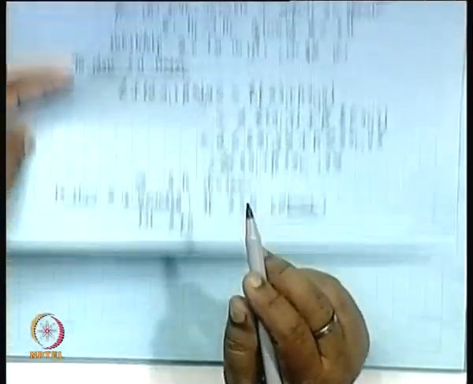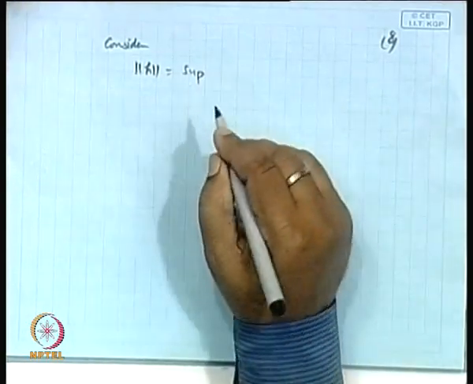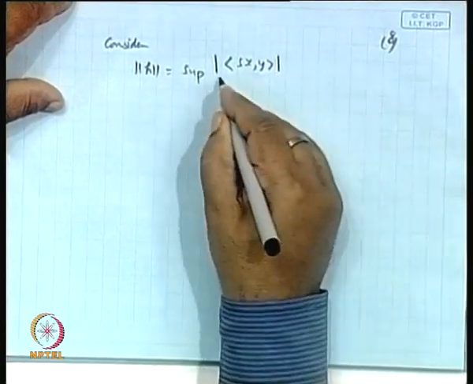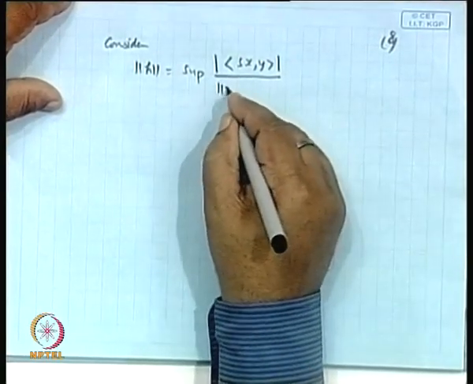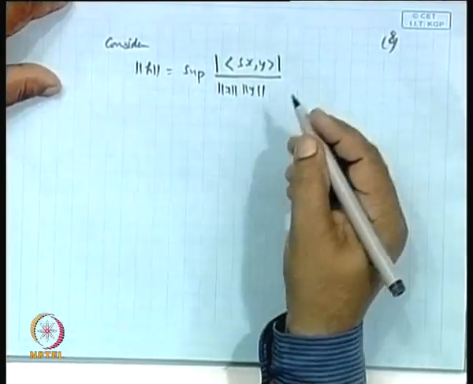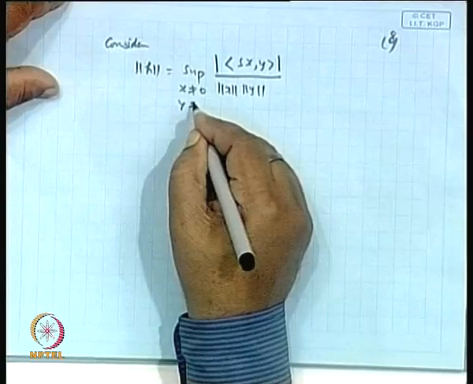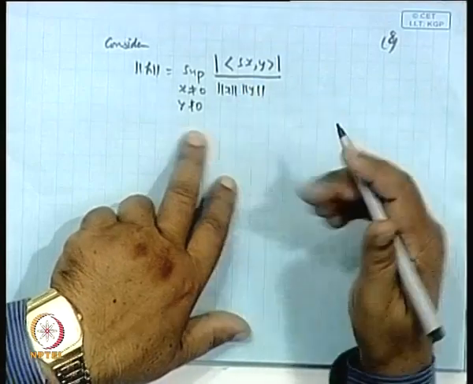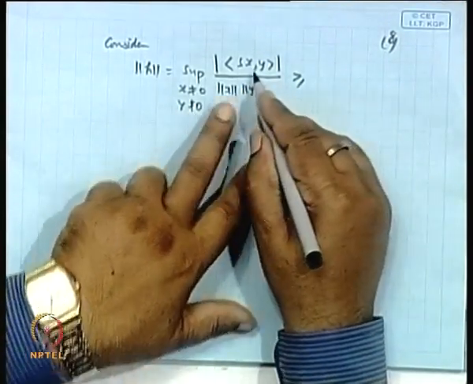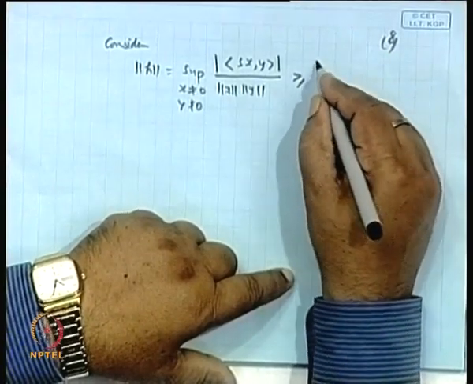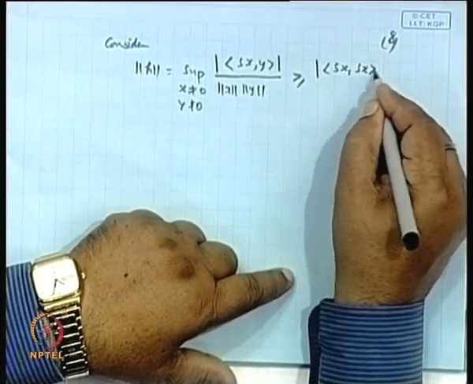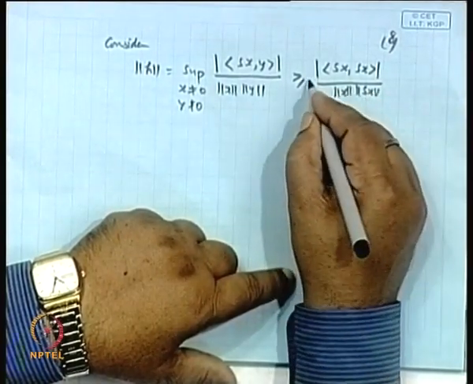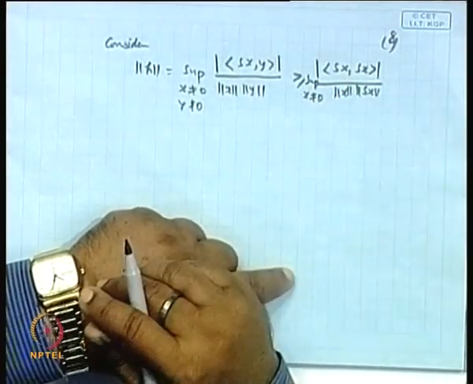So, when you take the norm of h, this is by definition the supremum of modulus of inner product ⟨Sx, y⟩ over norm of x, norm of y, where x is not equal to 0, y is not equal to 0. Now, this is true for all x and y, the supremum is taken over. So, let it be replaced by a particular value, y = Sx. So, it will be greater than or equal to the modulus of ⟨Sx, Sx⟩ divided by norm x into norm of Sx, and then the supremum is taken over all x which is not equal to 0.